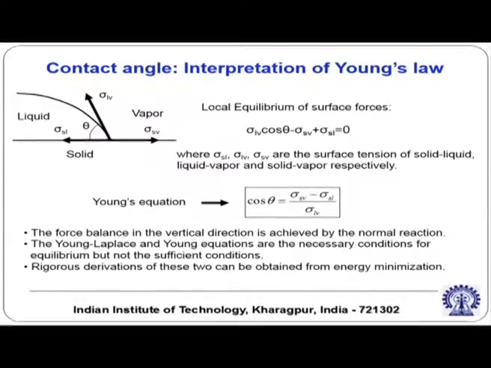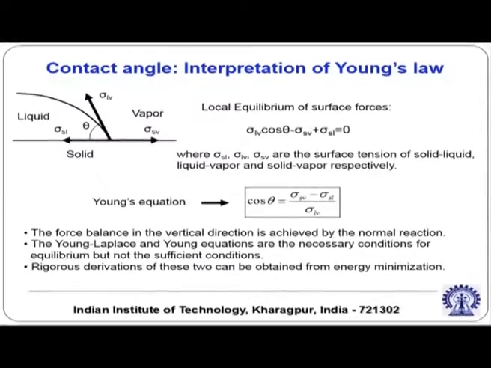The droplet has its own deformability, but in the vertical direction the force balance is achieved by the normal reaction. So, this is one important note. Now, how to calculate the normal reactions, there are various ways to look into the forces over these small scales. Sometimes one has to go for molecular dynamic simulations to figure out the resultant force in the normal direction and the resultant force in the tangential direction. So, let us not complicate those matters any further here.